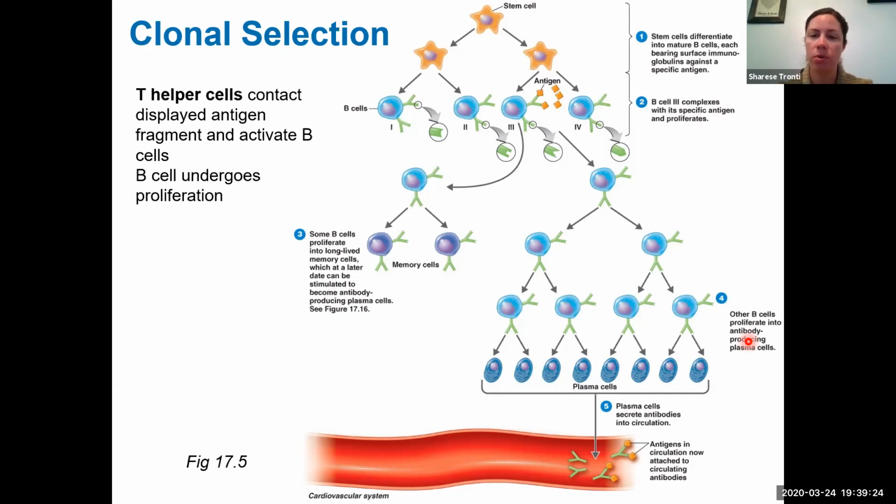So that's how the body will suddenly produce a lot of antibodies for that specific antigen. So here we have clones of the correct specific B cell, and they will turn into plasma cells. And remember, plasma cells were cells that produce antibodies. So now we have lots of specific antibodies for that specific antigen.